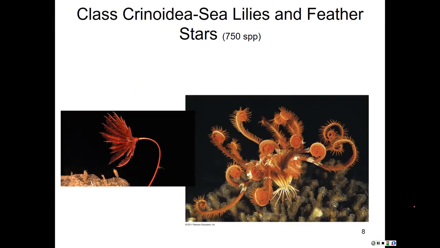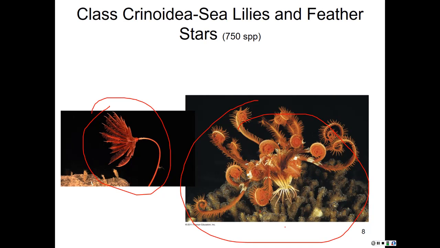The class Crinoidea are the sea lilies and the feather stars, which are really quite beautiful organisms. The organisms we call the sea lilies, so this would be an example of a sea lily. You can kind of see why. These are sessile. They'll be anchored in one spot, whereas these organisms, known as the feather stars, are mobile.